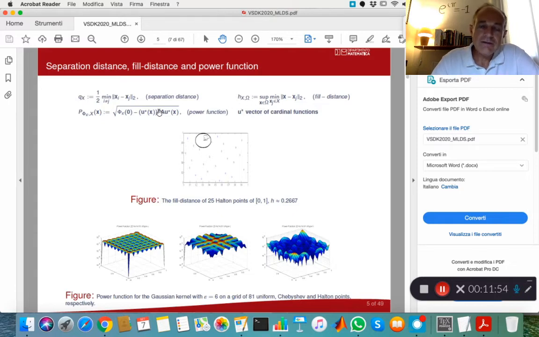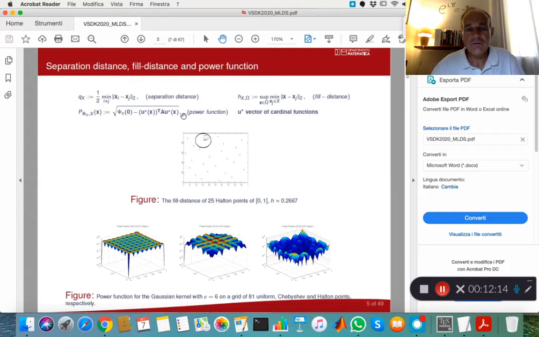Another important ingredient is the so-called power function. The power function is a positive function, you see it's the square root of something, okay? And it is defined in such a way. So you have your kernel at the value 0 minus this quadratic form.